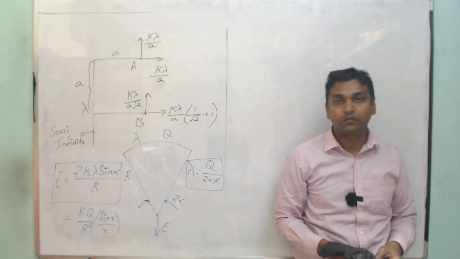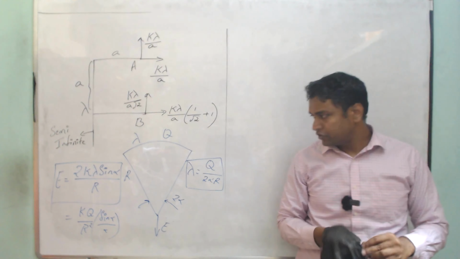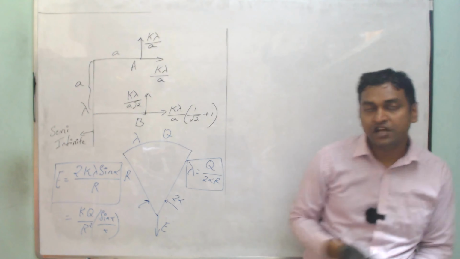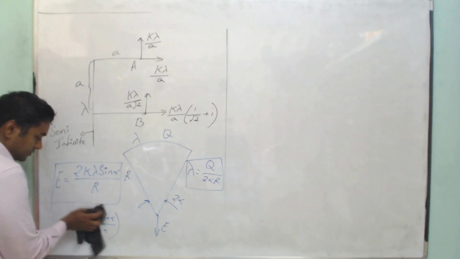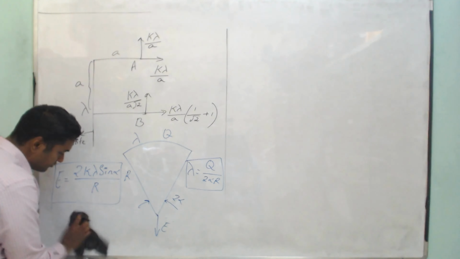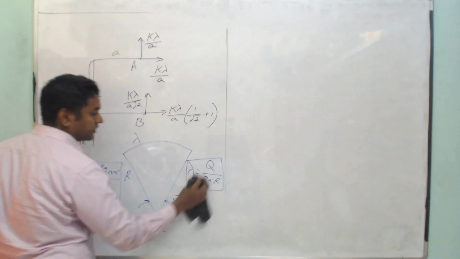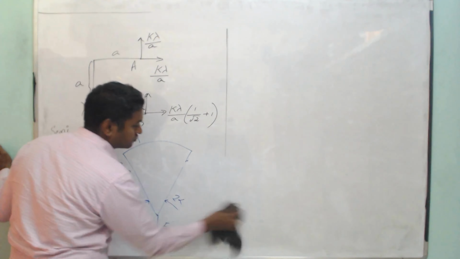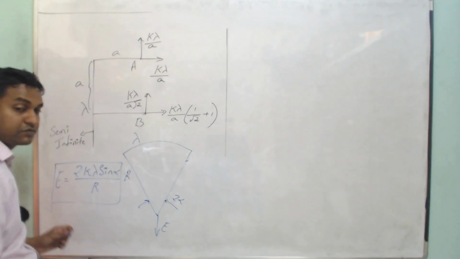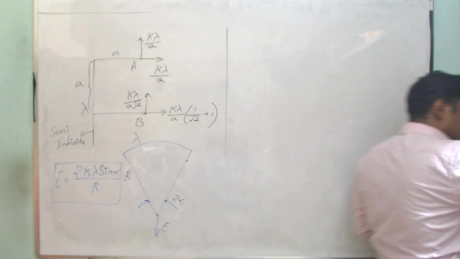So mostly today I will not use the total charge Q, I will only use the lambda one. Today we will use only this much information. Is this clear?